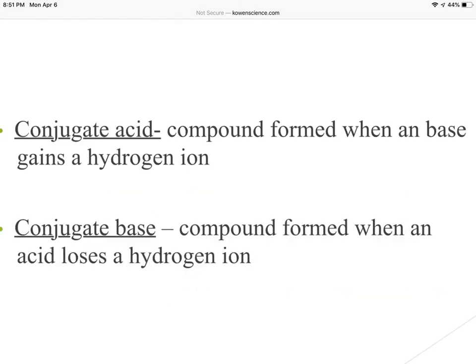So in addition to Arrhenius's traditional definition of acid and base and Bronsted and Lowry's definition of acid and base, we also have the conjugate acid and the conjugate base definitions. A conjugate acid is a compound that's formed when a base gains a hydrogen, and a conjugate base is formed when an acid loses a hydrogen.